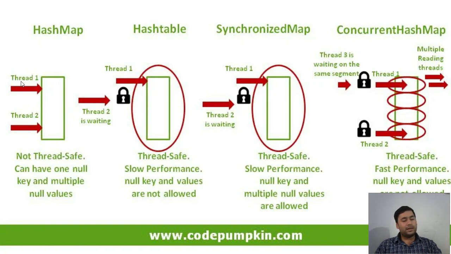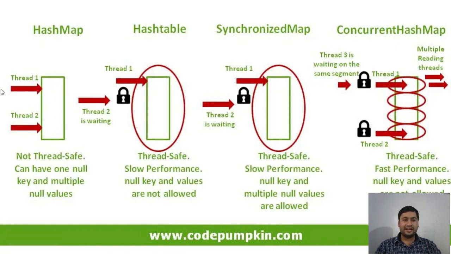They are able to execute, no issue in that. But the only condition is, at some point of time, one thread tries to modify and the other thread tries to iterate the value. In that situation, we get a concurrent modification issue in the HashMap.